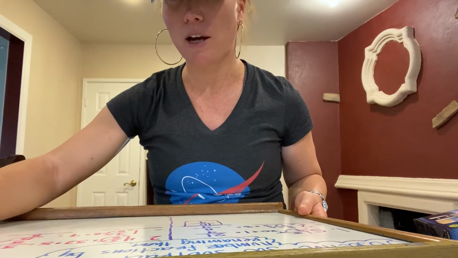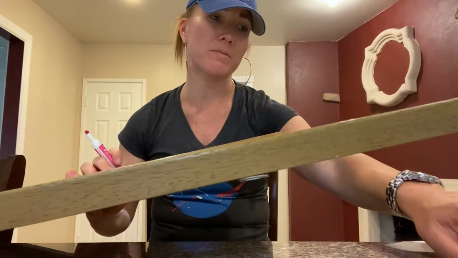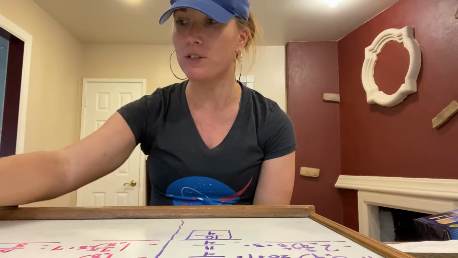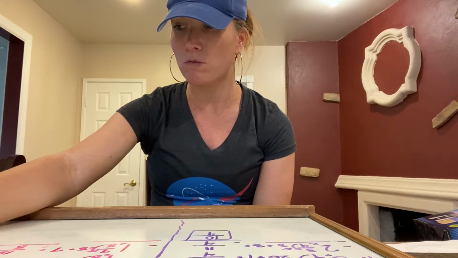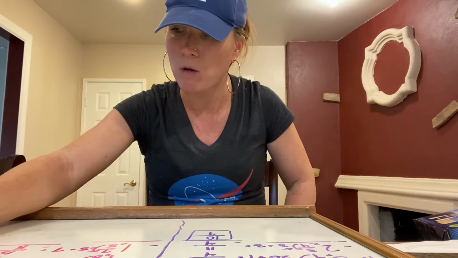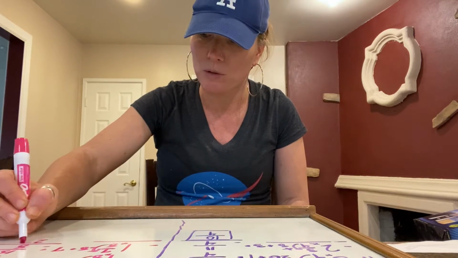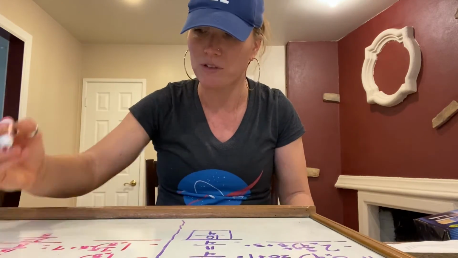So 37 minus 15, we're going to start with the ones place. 7 minus 5, as you all know, is 2. 3 minus 1, simple, is 2 as well. So that part is 22. The numerator is 22, and the denominator obviously stays the same as 8.